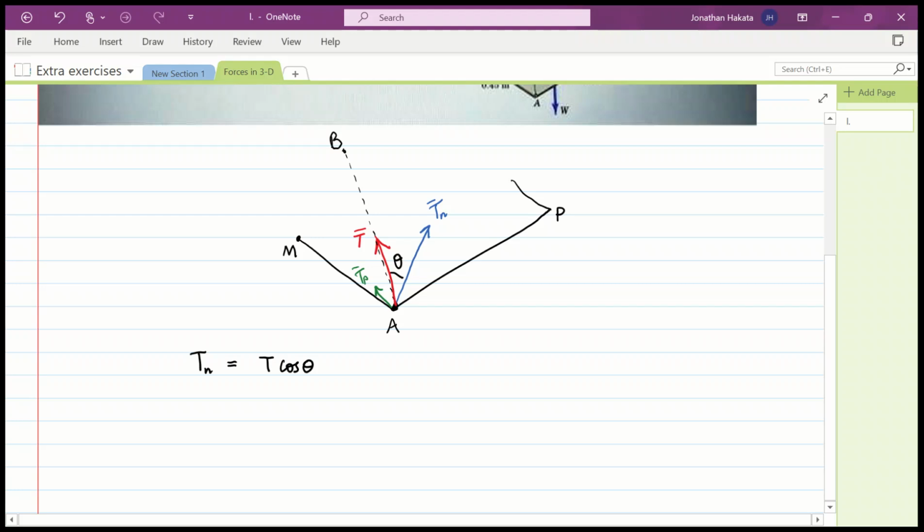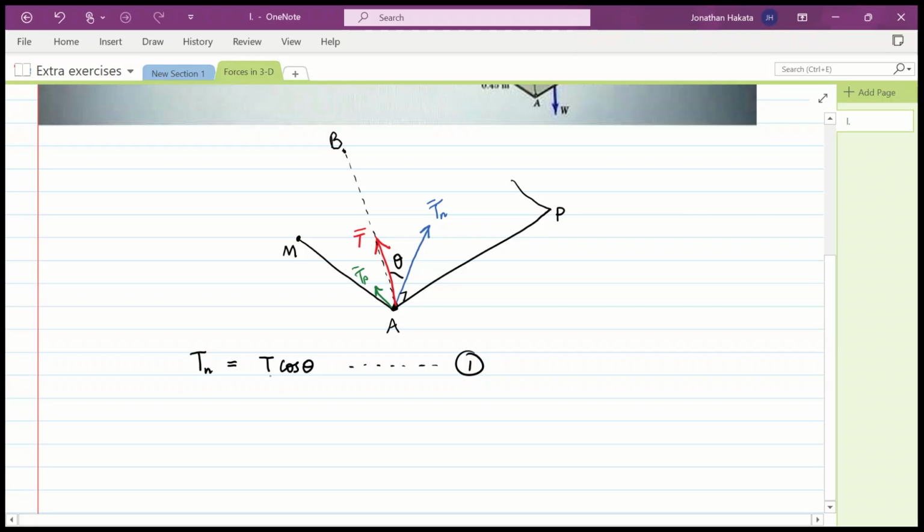So Tn equals the magnitude of the given T cosine of theta, where theta is the angle between them. Let's call this equation 1.